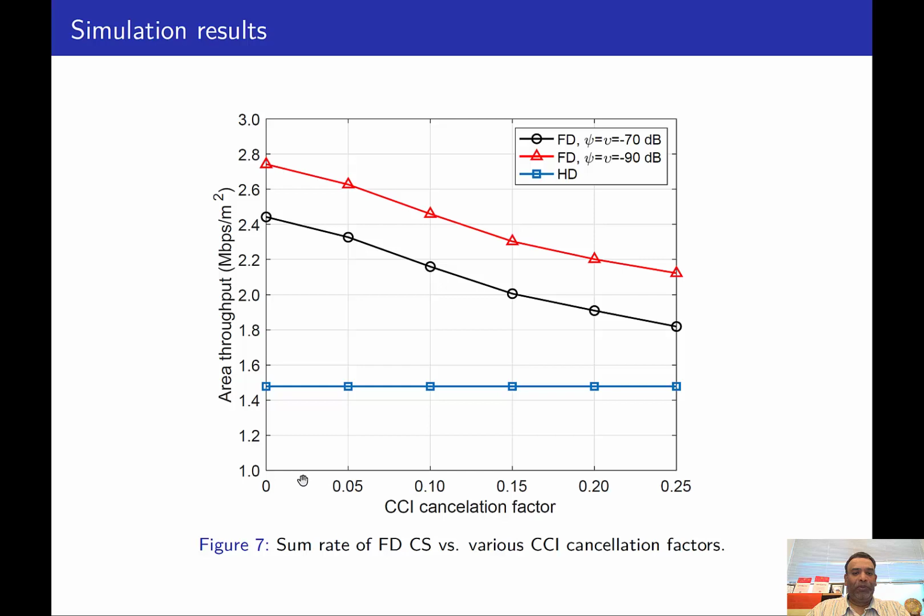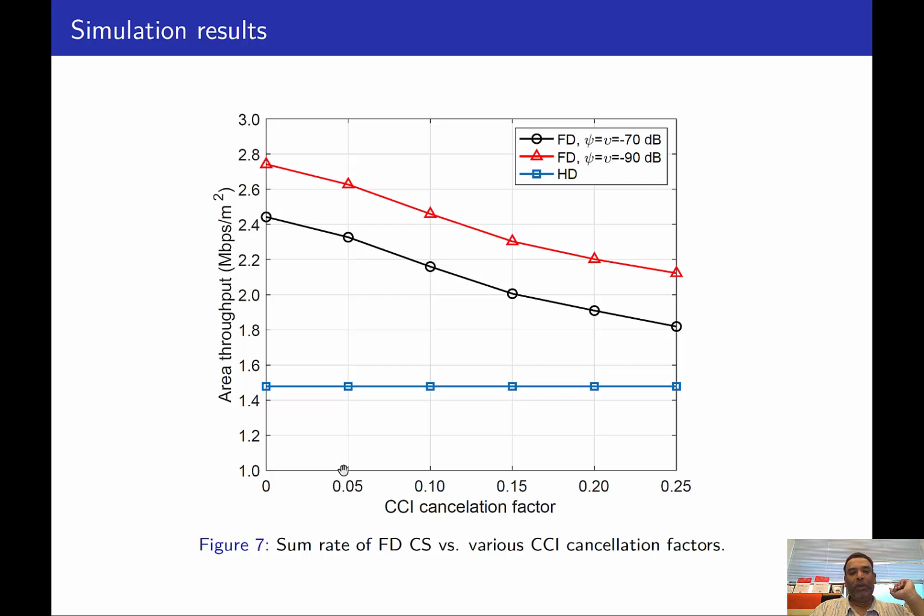This is the throughput versus CSI attenuation. I told you the uplink user will interfere with the downlink users. So if you want less interference, you can do this by assigning the uplink and downlink users far away from each other, using some clever scheduling techniques.